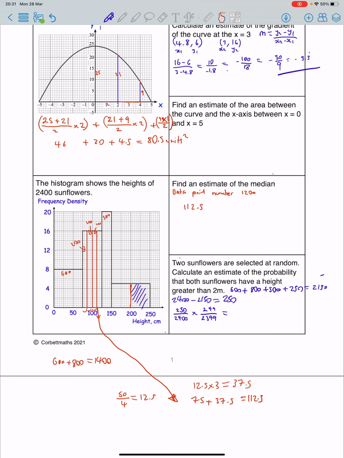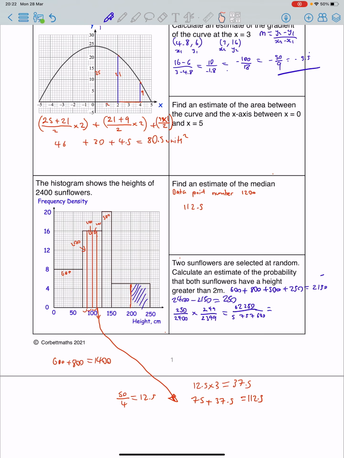So 250 times 249, oh my God, 62,250 over 2,400 times 2,399, which is, oh gosh, 5,757,600.